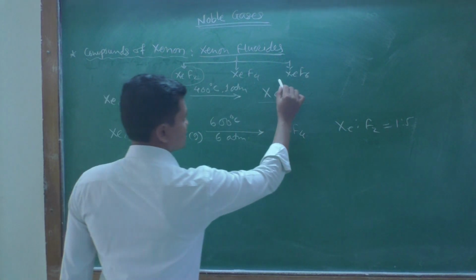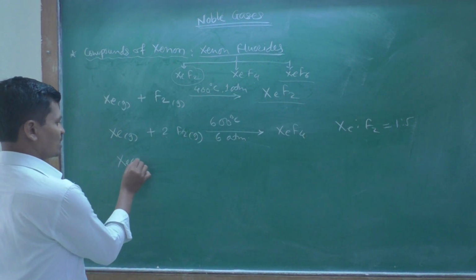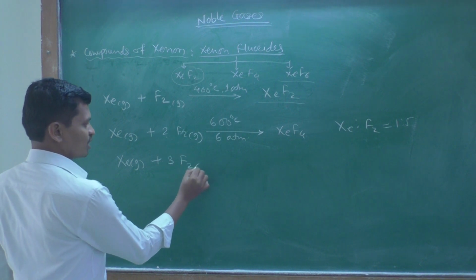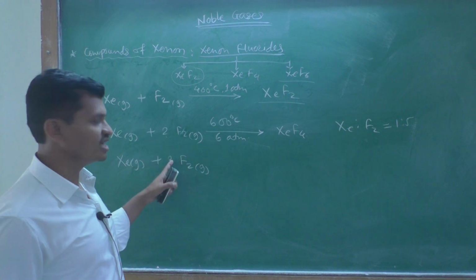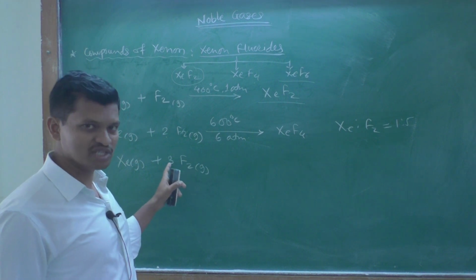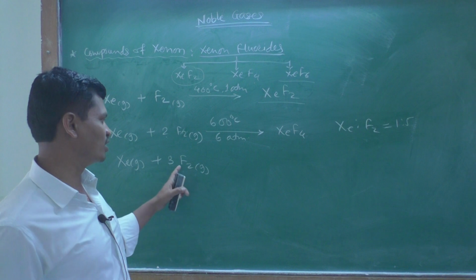Now the third species, xenon hexafluoride, is formed by the reaction of xenon gas with thrice F2. We have taken these 2 and 3 only for the balancing of chemical reactions. This does not mean the proportion of xenon and fluorine.